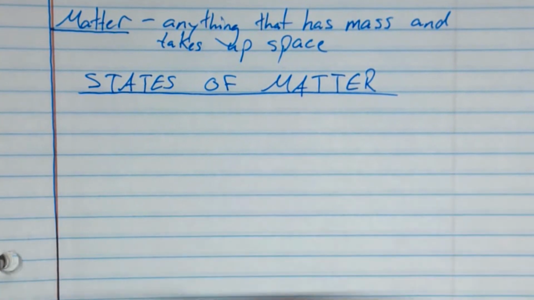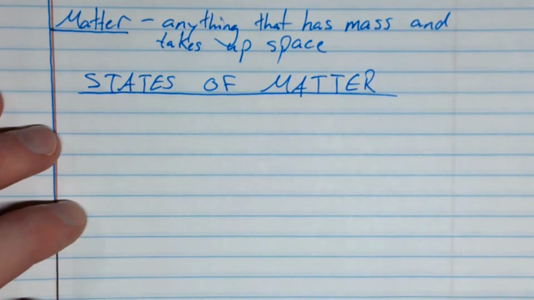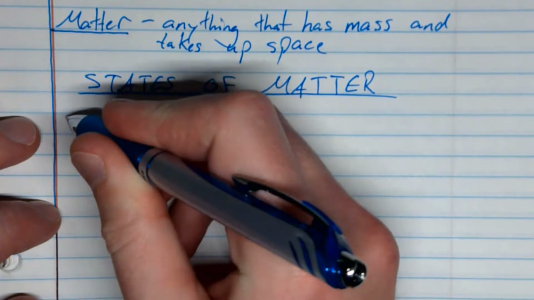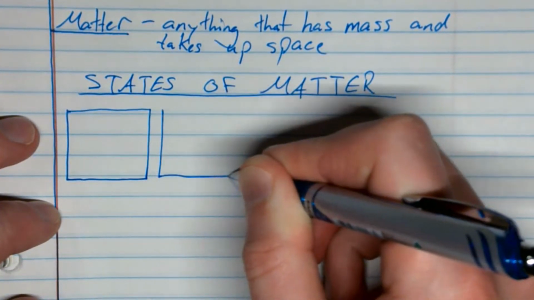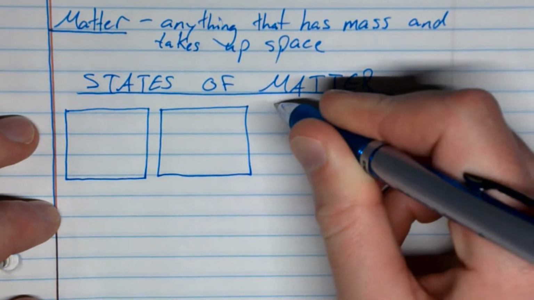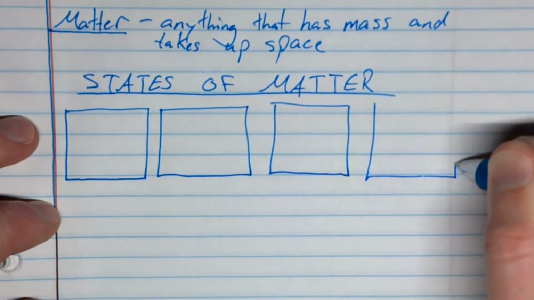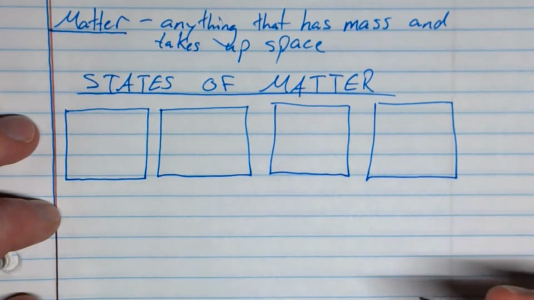And we're going to draw a picture. So for our picture, we're going to have 1, 2, 3, 4 boxes. Perfect. Right. So good.